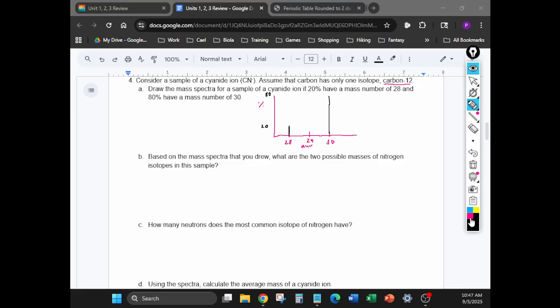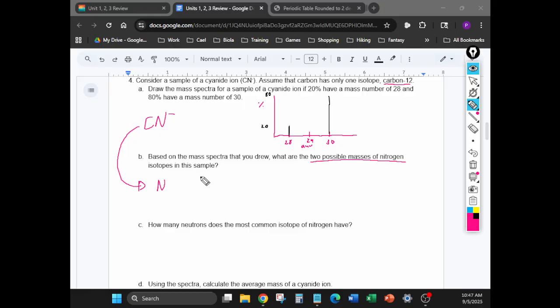Okay, this is where things change a little bit. It says, based on the mass spectra that you drew, what are the two possible masses of nitrogen isotopes in this sample? This is a little bit different because here we're working with cyanide, CN-, but for part B, we are only looking at the isotopes of nitrogen.